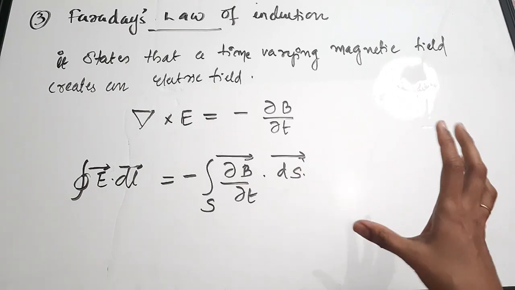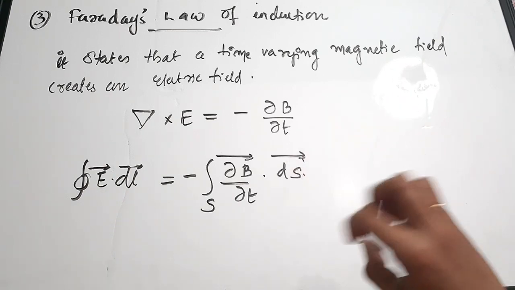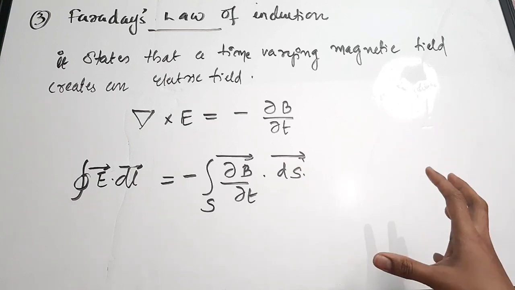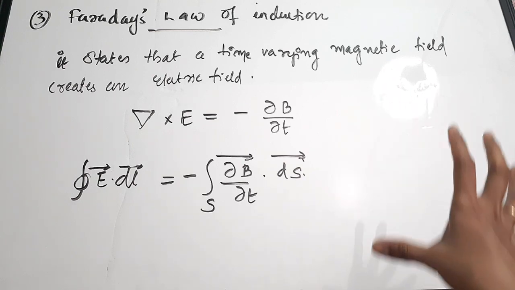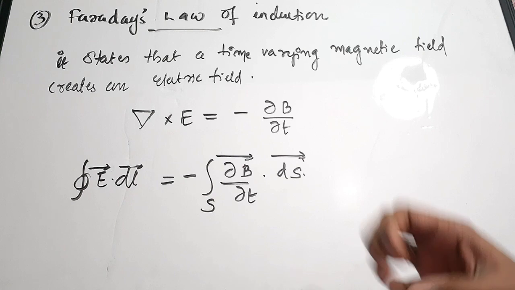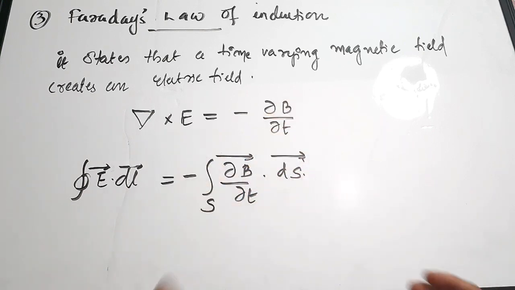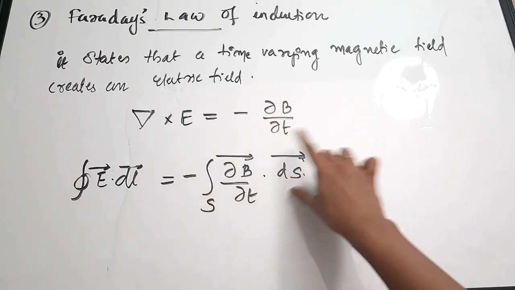So if you are trying to move a charge around a closed surface, the work done to move that charge is equal to the rate of change of the magnetic flux through that surface.